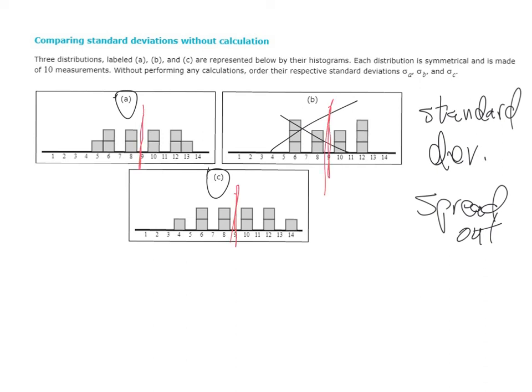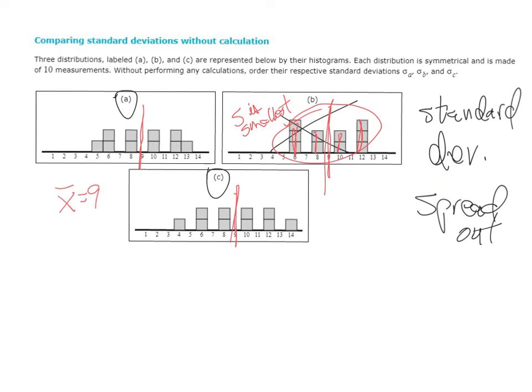Every one of these data sets has a mean of 9, but they all have different standard deviations. The blocks right here are all relatively close to the center, okay? Which means its standard deviation is going to be smallest.